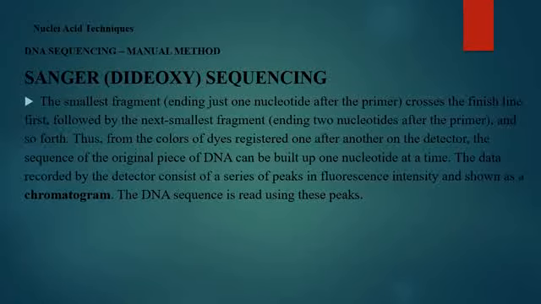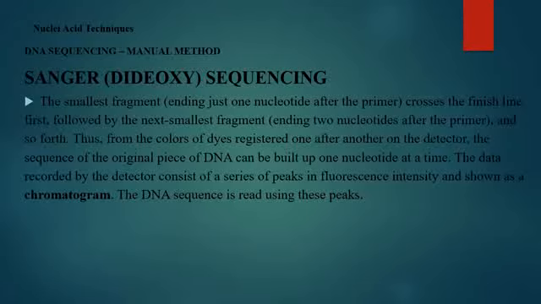Now the smallest fragment, that is ending in just one nucleotide after the primer, crosses the finishing line first, followed by the next smaller fragment ending 2 nucleotides after the primer, and so on and so forth. So if the primer is 4 or 6 nucleotides, the first that will pass will be one that has just a nucleotide more than the primer, so 7.